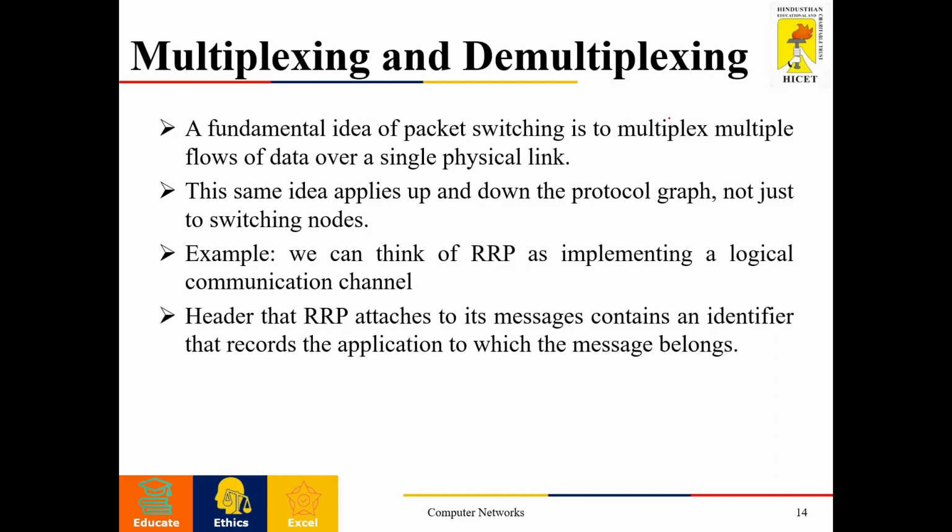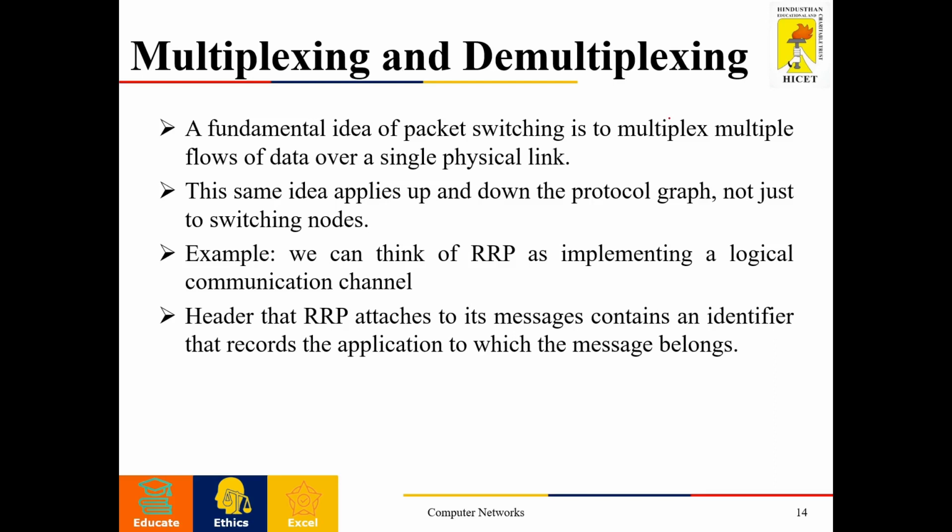Specifically, the header that RRP attaches to its message contains an identifier that records the application to which the message belongs. We call this identifier the RRP demultiplexing key, or DMUX key for short.